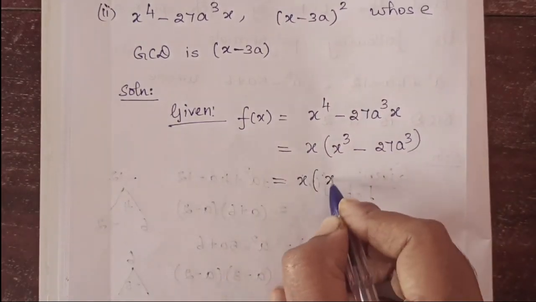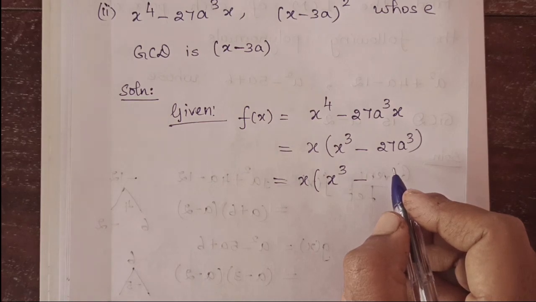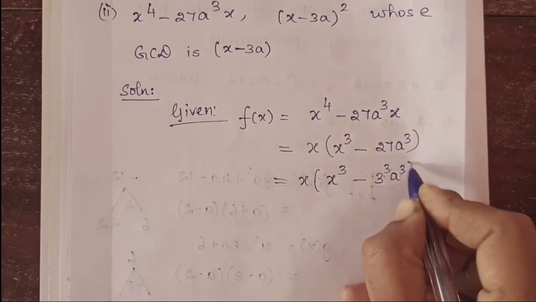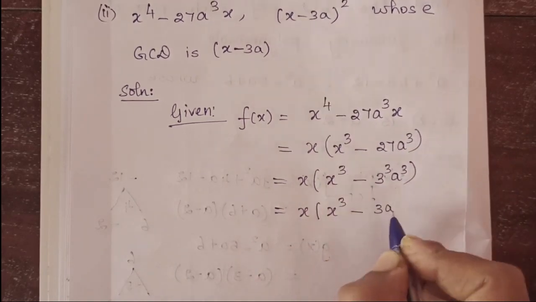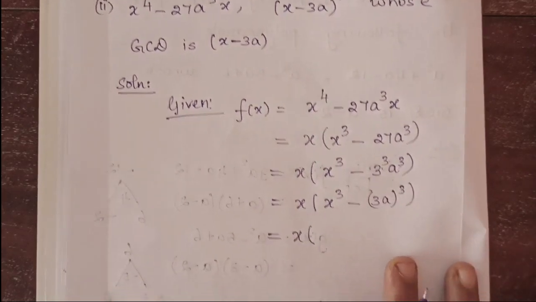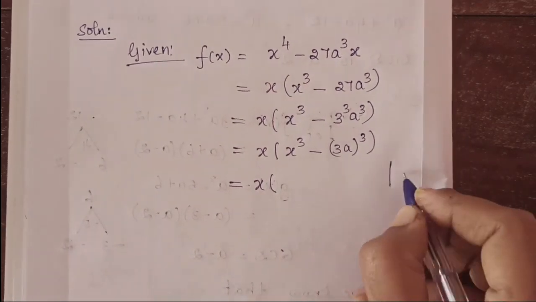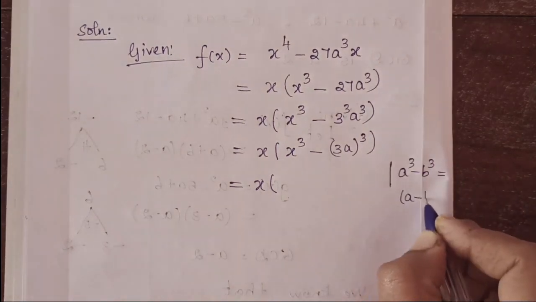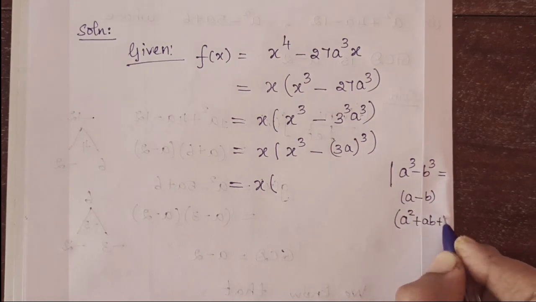Shall we write 27 as 3 cube, and a cube, which is equal to x into x cube minus 3a the whole cube, which equals x into, now it's the time to apply the identity. Which identity do we need to use? a cube minus b cube, which is equal to a minus b into a square plus ab plus b square.